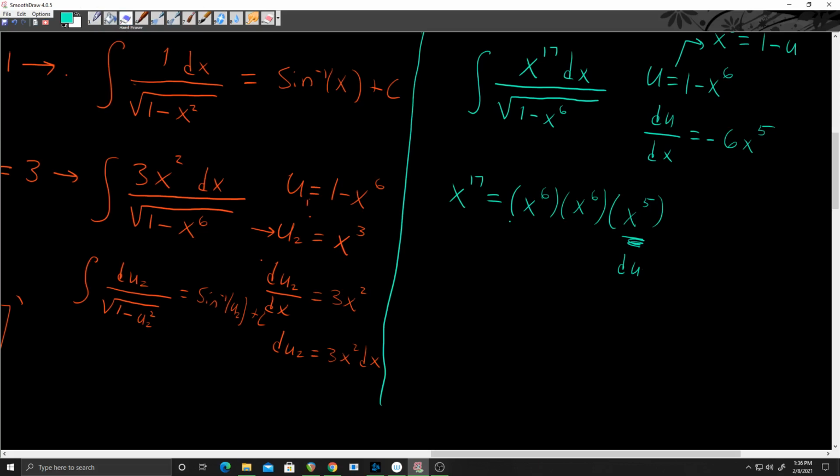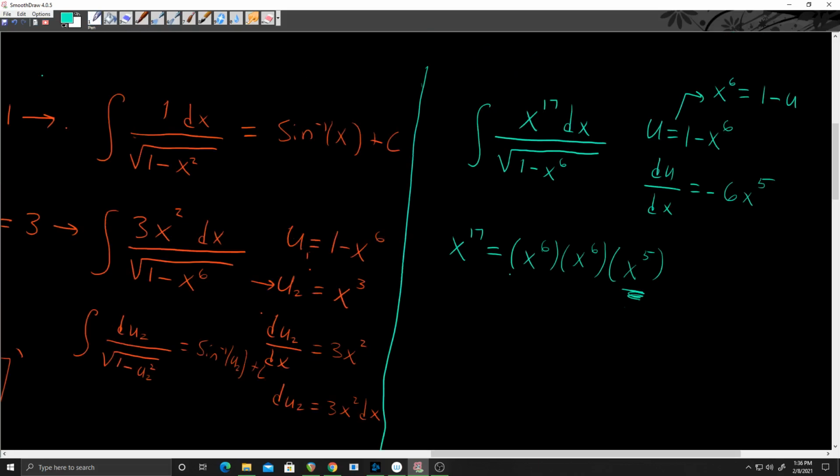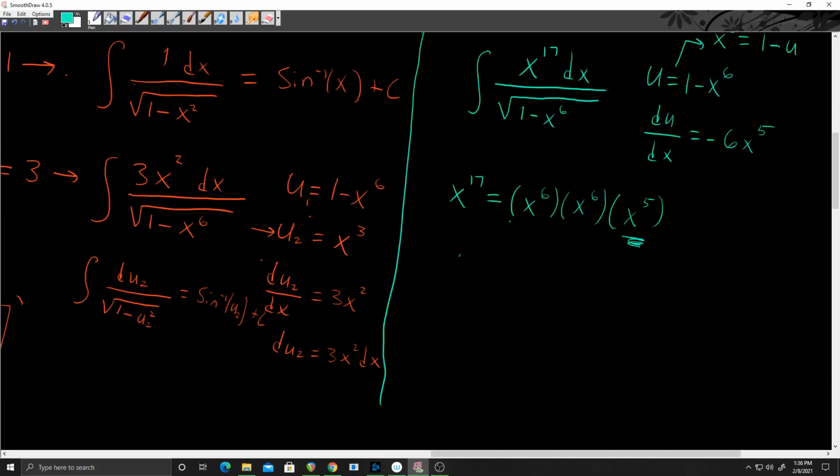And we have solved for x to the 6 in terms of u, so this is going to be 1 minus u times 1 minus u.